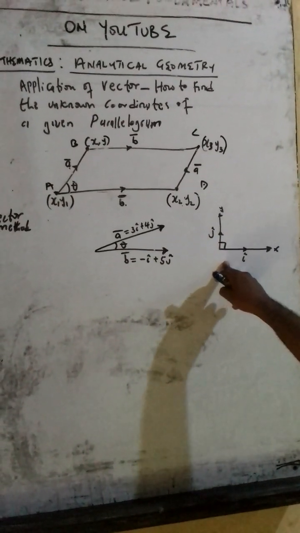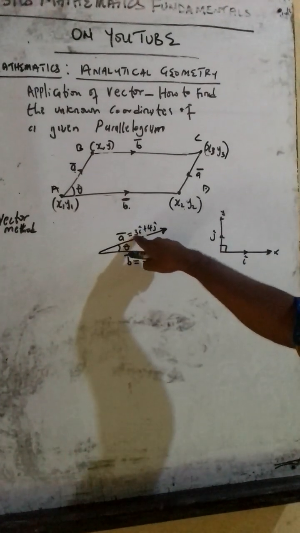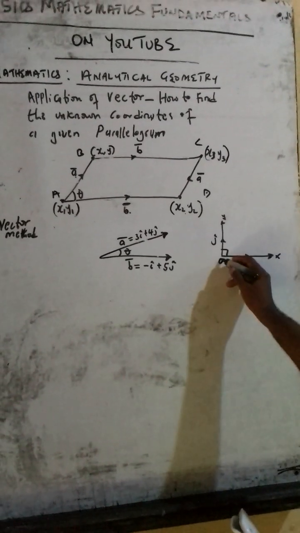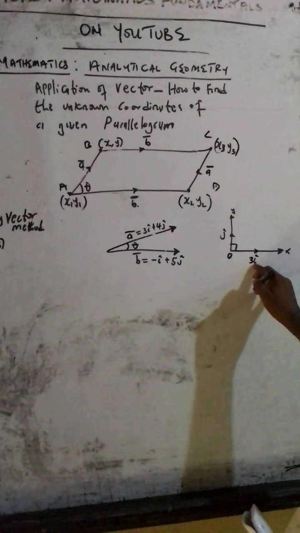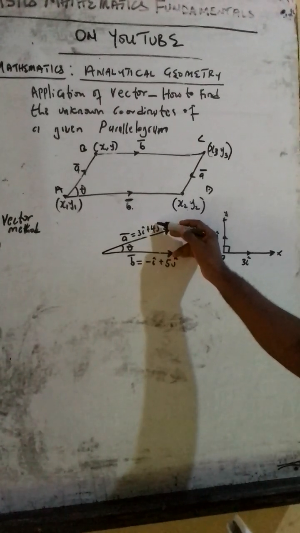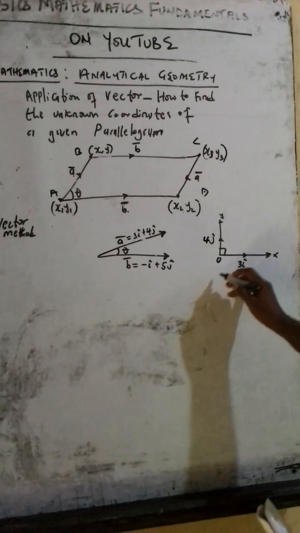Now, if I want to indicate vector A in this diagram, that means I move 3 units along the x-axis. So from 0 to this place will be 3. So that's why this one is 3i. Then I move 4 units along the positive side of the y-axis. That's why this place is 4j. So my movement now is this.